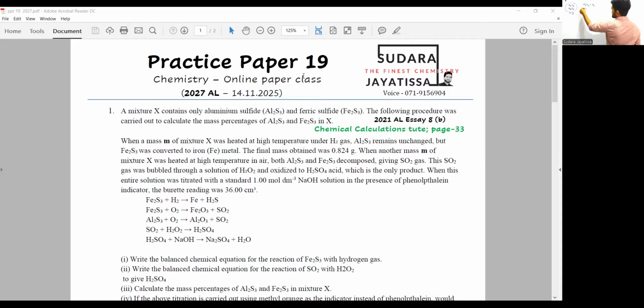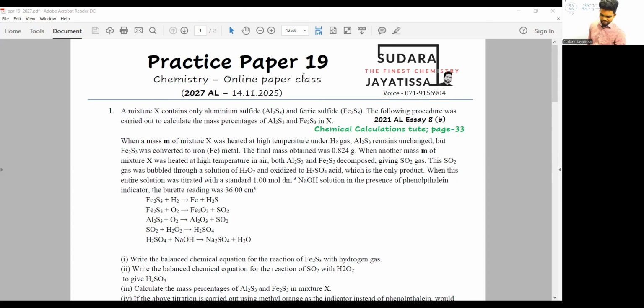It says when it is heated, nothing will happen to Al2S3, but Fe2S3 is converted to Fe. They haven't told us what the other products are.